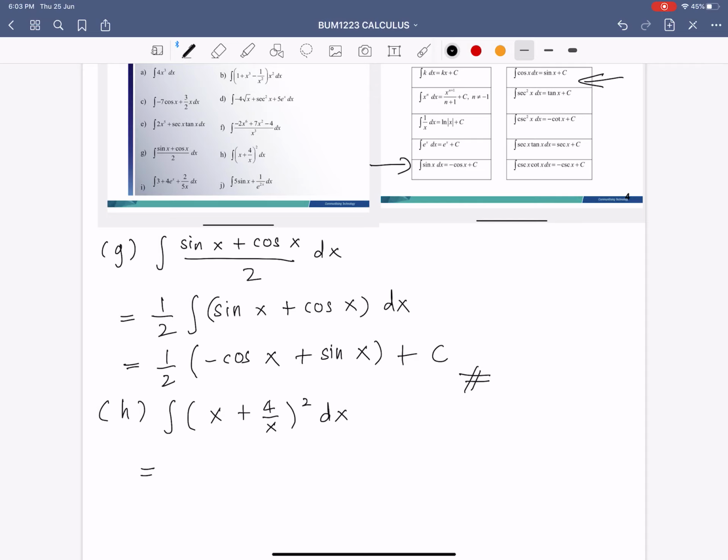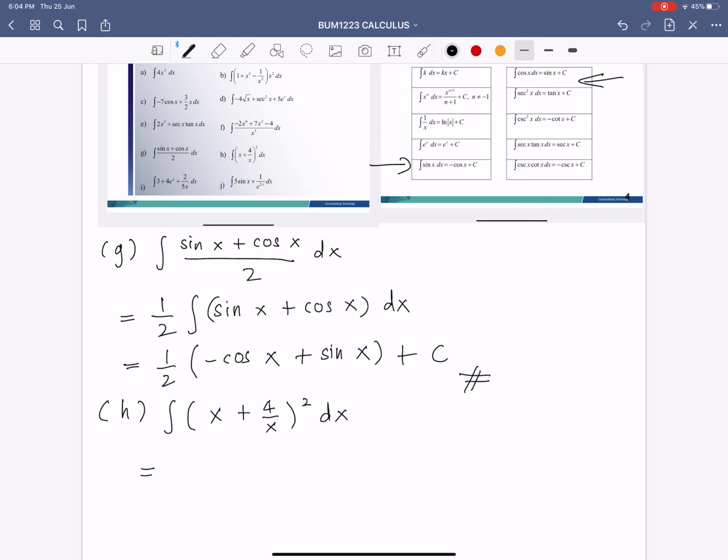But if the power is greater than 2, such as power of 3 or power of 4, that is quite hard, and for that case we will discuss it later. But for this particular example, the power is just squared, so it is possible for us to expand easily. So we will expand this function first.